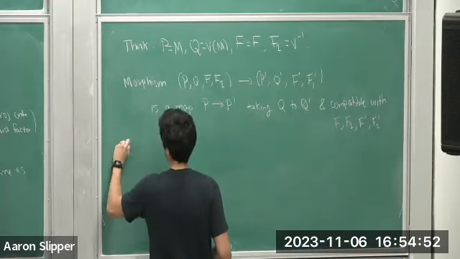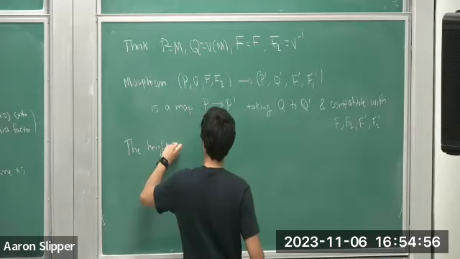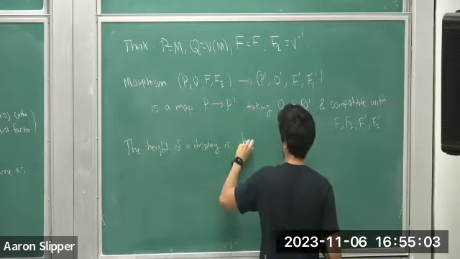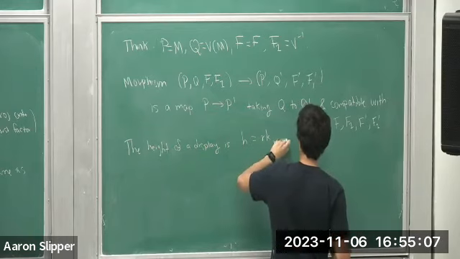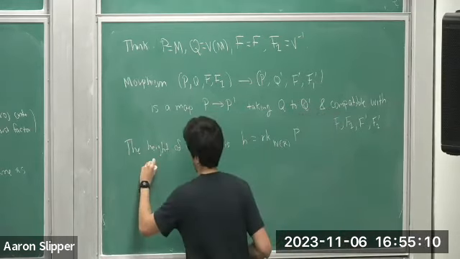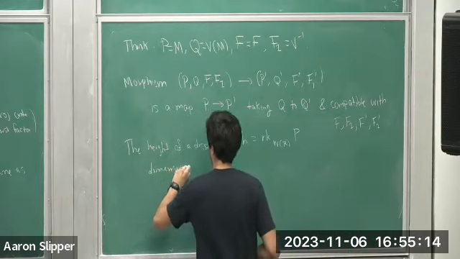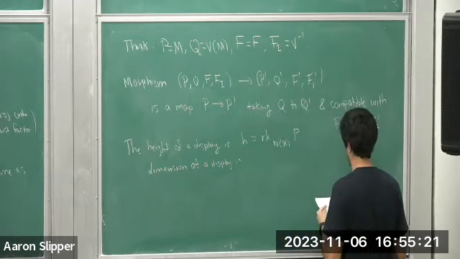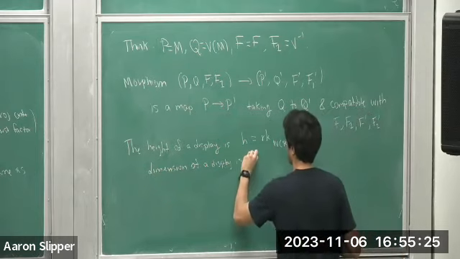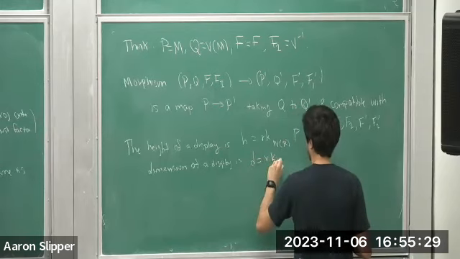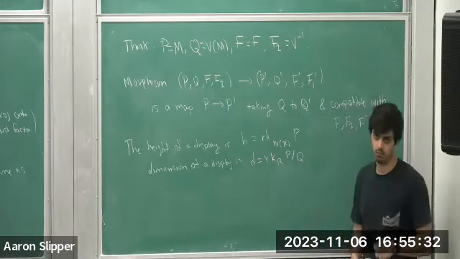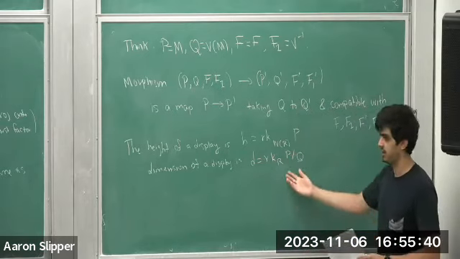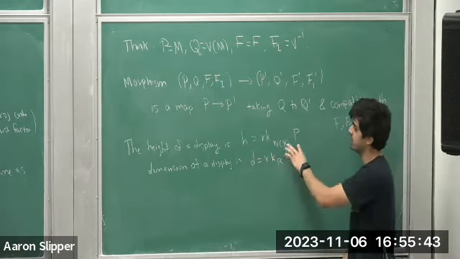So height is just the rank of P, and the dimension is the R rank of P over Q. And so the height is a locally constant function on spec R, and same with the dimension.